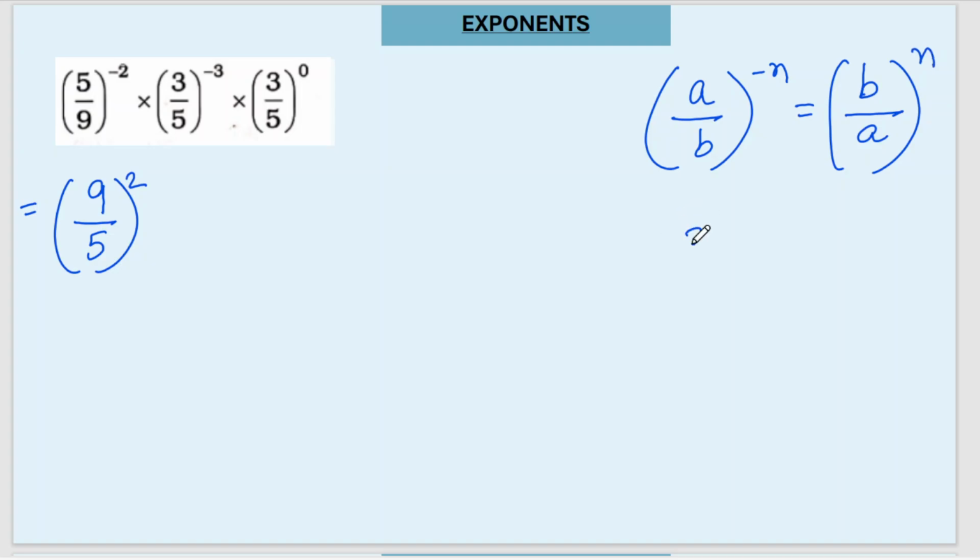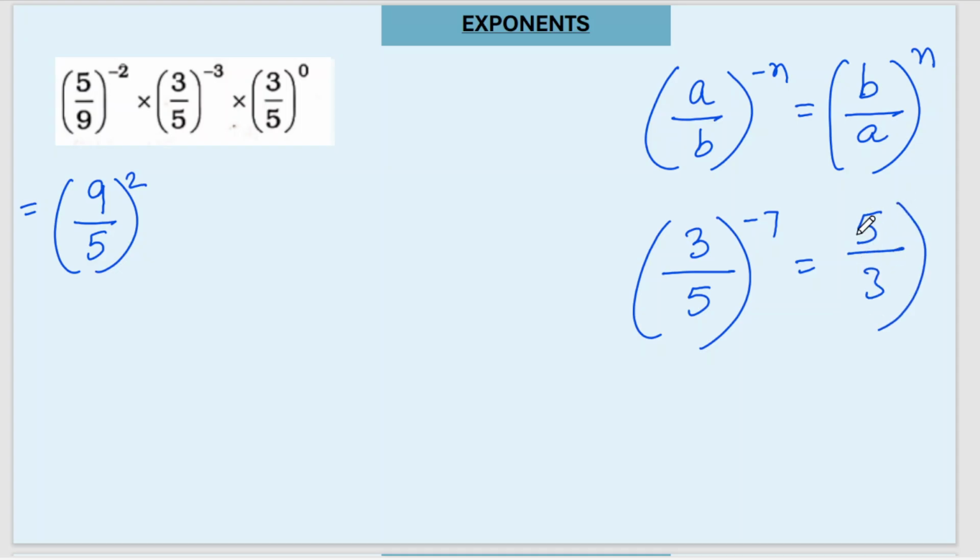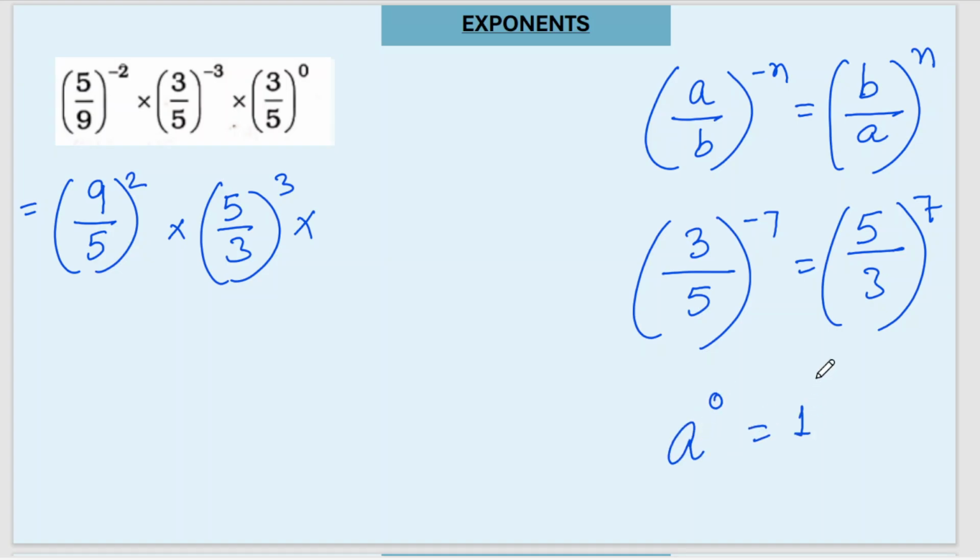Example: (3 by 5) to the power minus 7 can be written as (5 by 3) to the power 7. Okay. Now, into (5 by 3) to the power 3, into anything to the power 0 is 1. Okay. So, we can use this concept also.